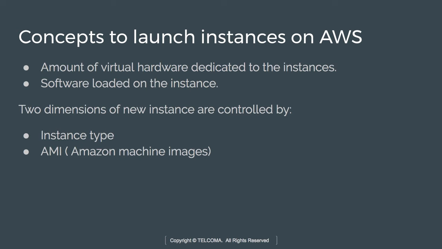AMI defines every aspect of the software state at instance launch. That means it defines the operating system and its configuration, the initial state of any patches, and the application or system software.